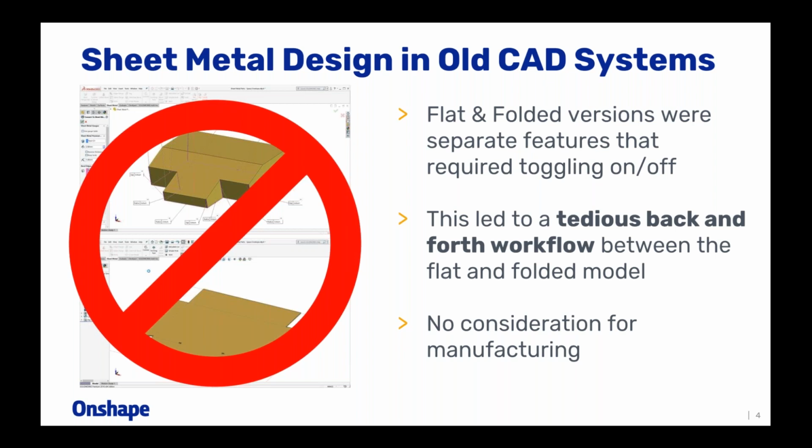Those are all important considerations that often get changed based on decisions by manufacturing. So these are all things that I would point out as flaws in older CAD systems and their implementation of sheet metal. Again, just the back and forth nature caused a lot of tedious trial and error, and no consideration whatsoever for the manufacturer in the design process.